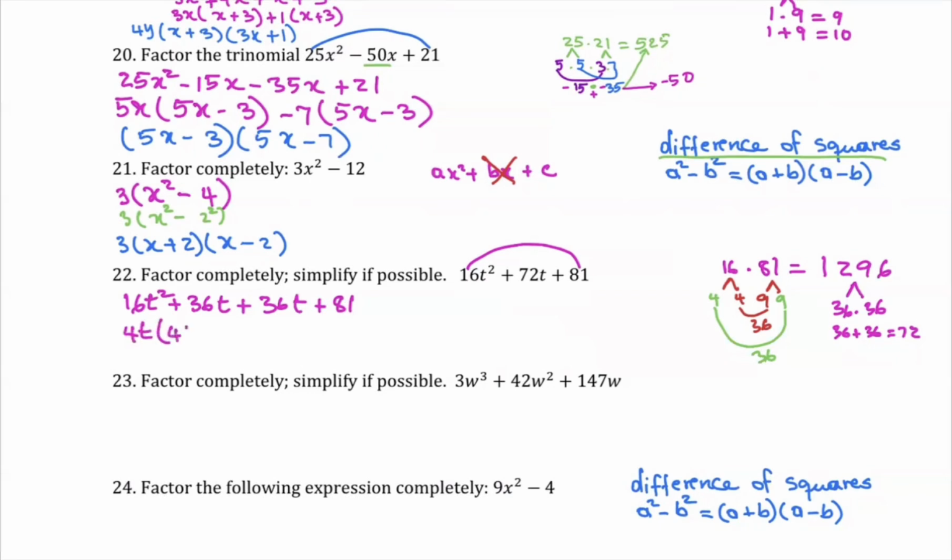So that's 4t times 4t plus 9, plus I can factor 9 out, that is 9 times 4t plus 9. See that I can factor 4t plus 9 out again, so that's going to be another 4t plus 9. Since this expression multiplies twice, it becomes 4t plus 9 squared.